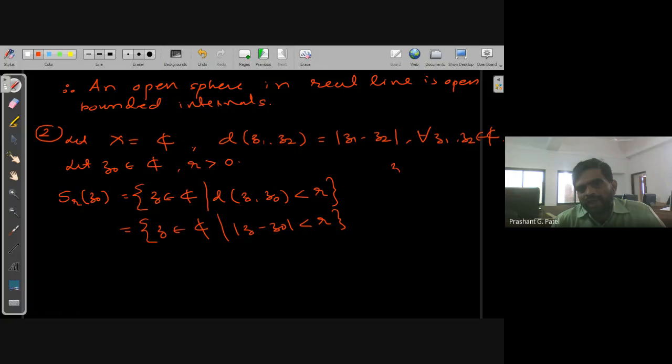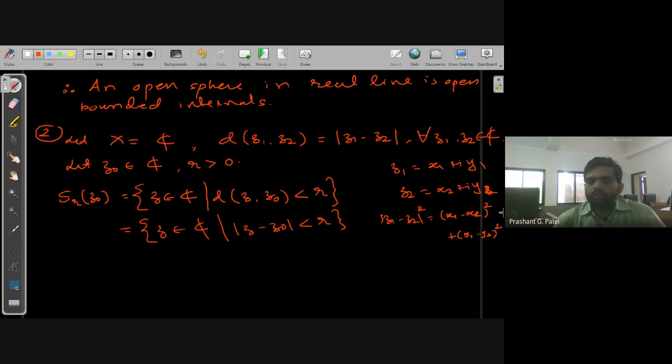You know that if z1 is x1 plus iy1 and z2 is x2 plus iy2, then mod of z1 minus z2 will be the square root of (x1 minus x2) square plus (y1 minus y2) square. If I take the square on both sides, then the square root goes away.